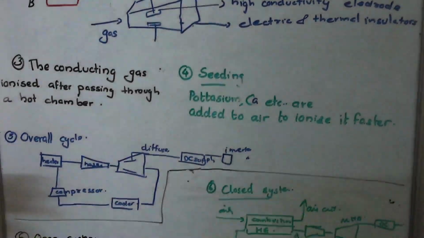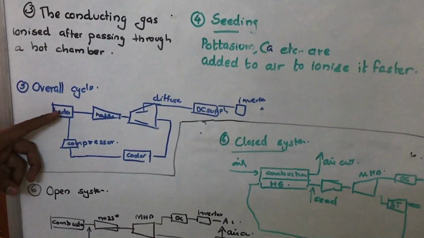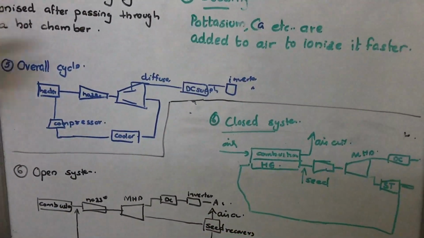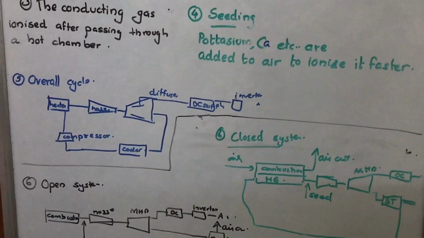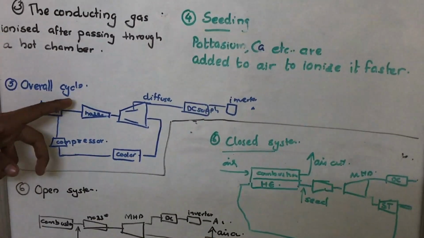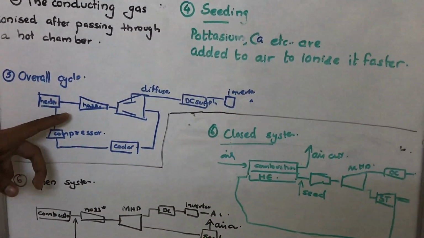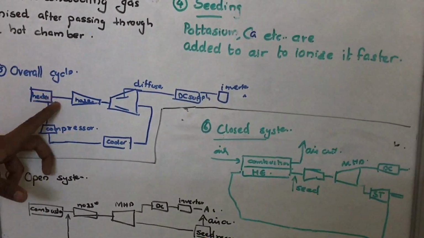Now if we look at the cycle, it will be somewhat like this. First we pass air through a heater. Inside the heater there will be some combustion or something like that, through which we supply heat energy, and because of that the air will be ionized. Then in some cases we seed it, which means applying calcium and potassium after heating.